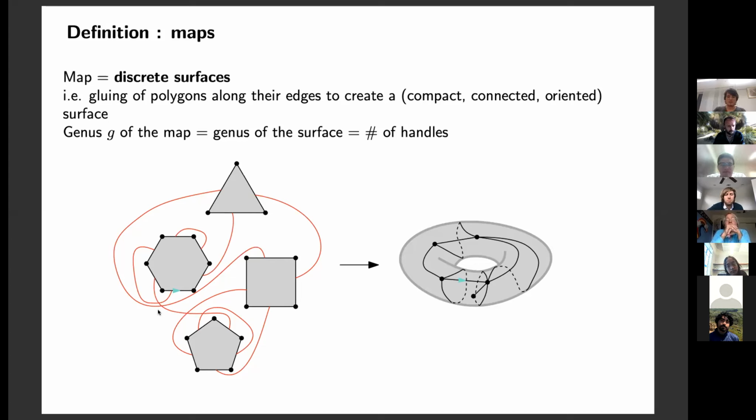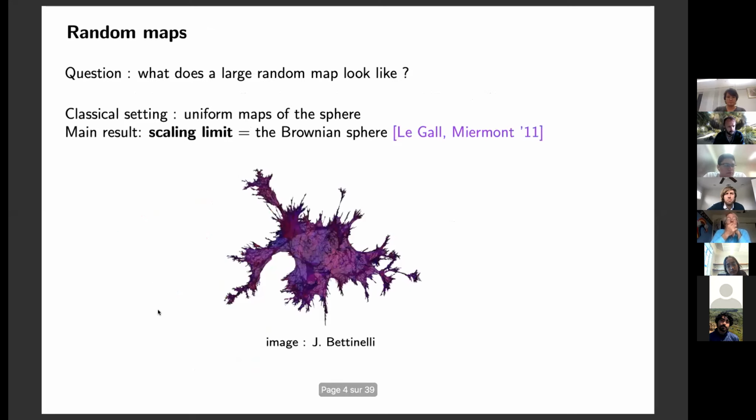So that's for the definition of maps, very briefly. And so there's many ways you can study maps. You can enumerate them. You can try to find bijections to find the structural combinatorics inside the maps. You can put them in relation to statistical physics or algebra. But today we're going to focus on random maps.